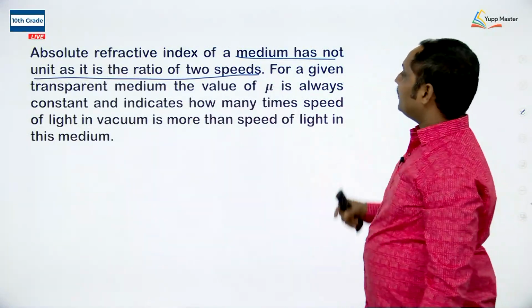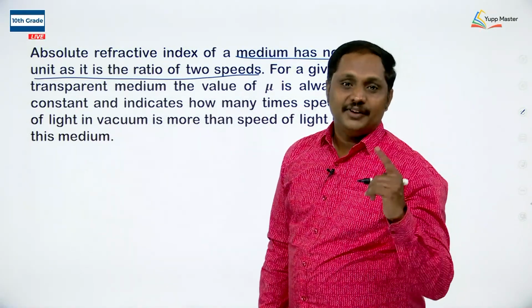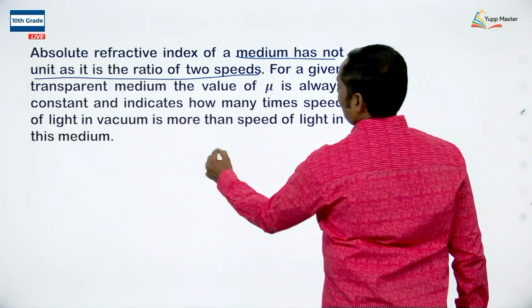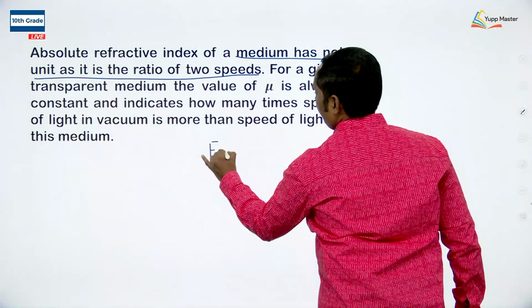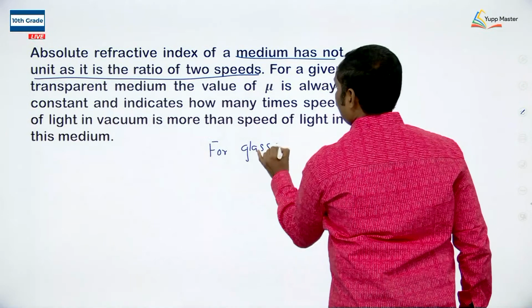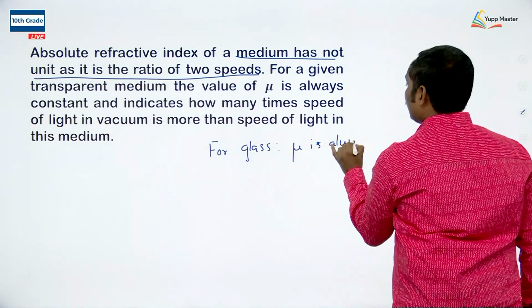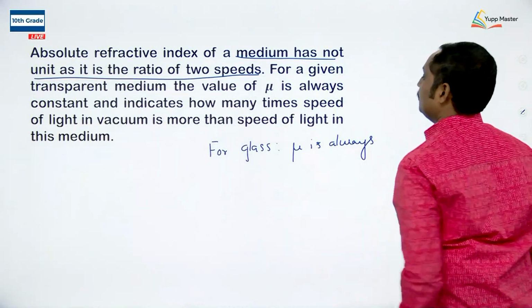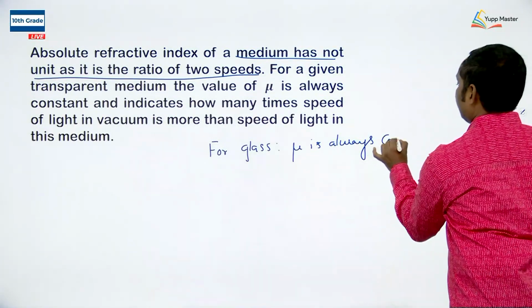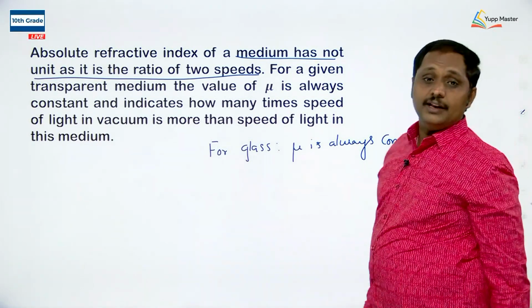For a given transparent medium, the value of mu is always constant, that is very, very important. For a given medium, glass, mu is always constant. How will you predict that?